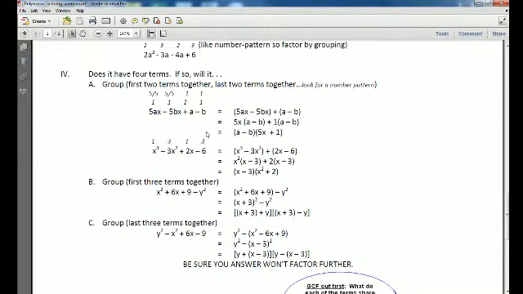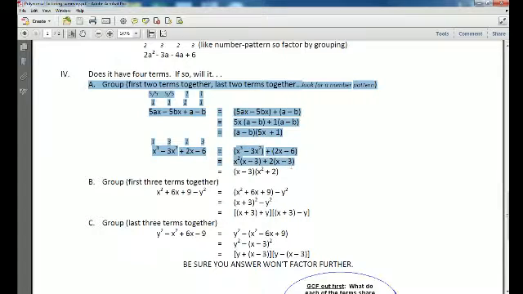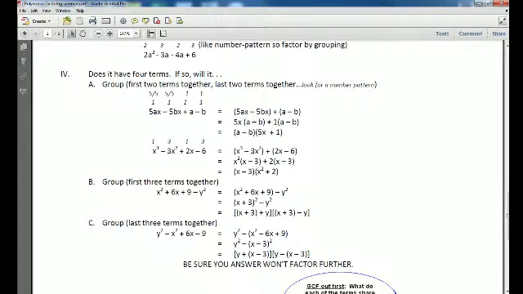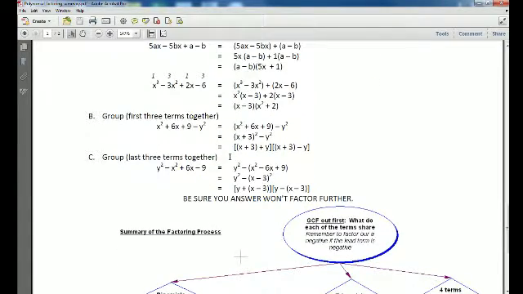I'm going to hold you accountable for A. If you're interested, B and C work as well. We use these B and C when we're studying things like circles, which we'll get to, but we just don't use them very much.